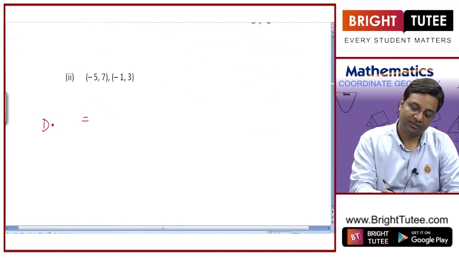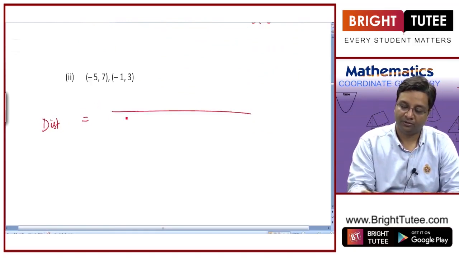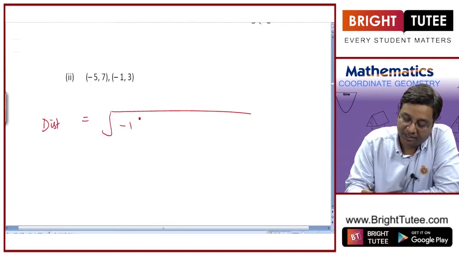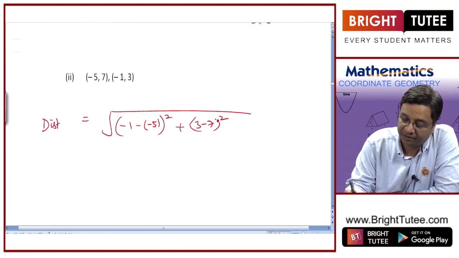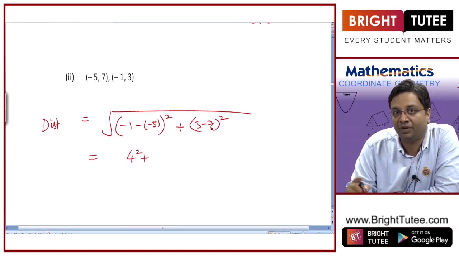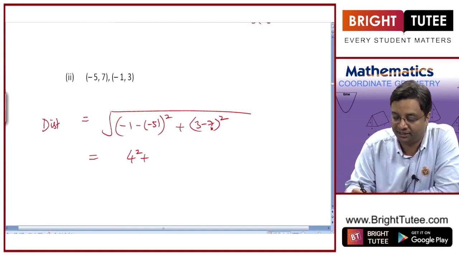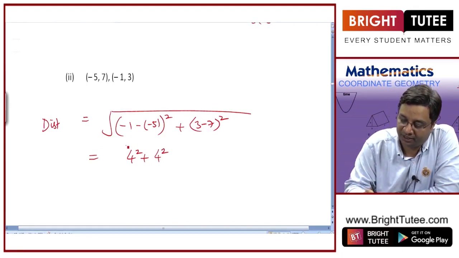In this question, distance will be equal to the square root of (minus 1 minus minus 5) squared plus (3 minus 7) squared. So minus of minus 5 is plus 5, 5 minus 1 is 4, 4 squared, plus 3 minus 7 is minus 4, minus 4 squared is again plus 4 squared, right?